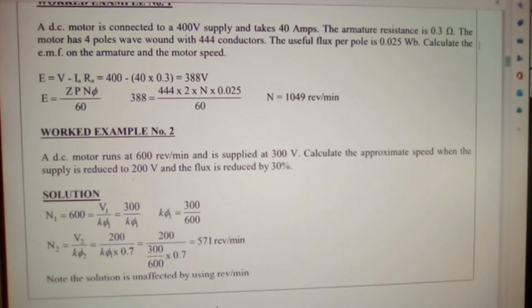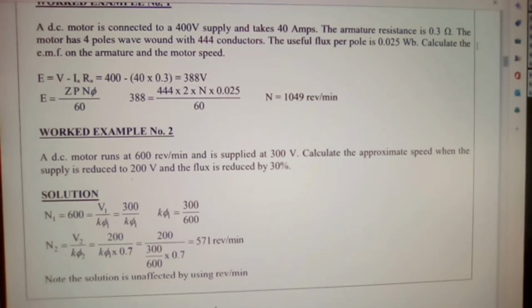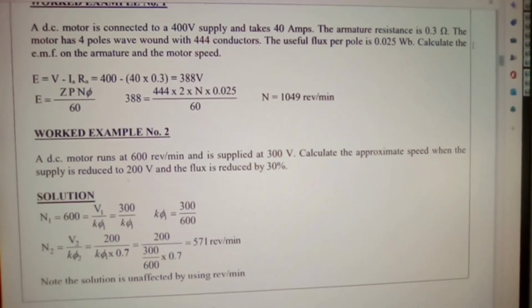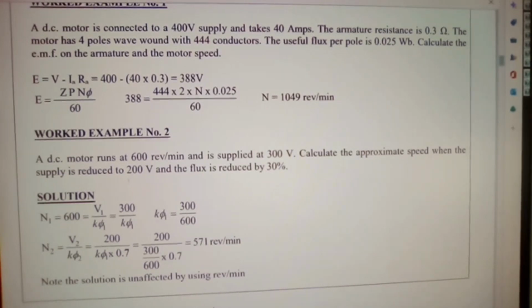So, if we take this here, I make that 0.5, times 0.7, and remember we've been given 0.7.